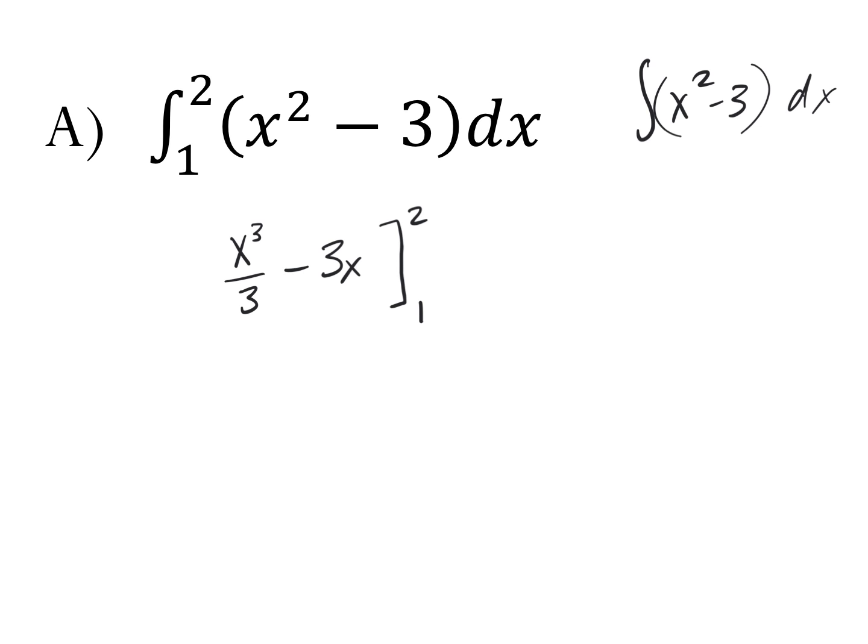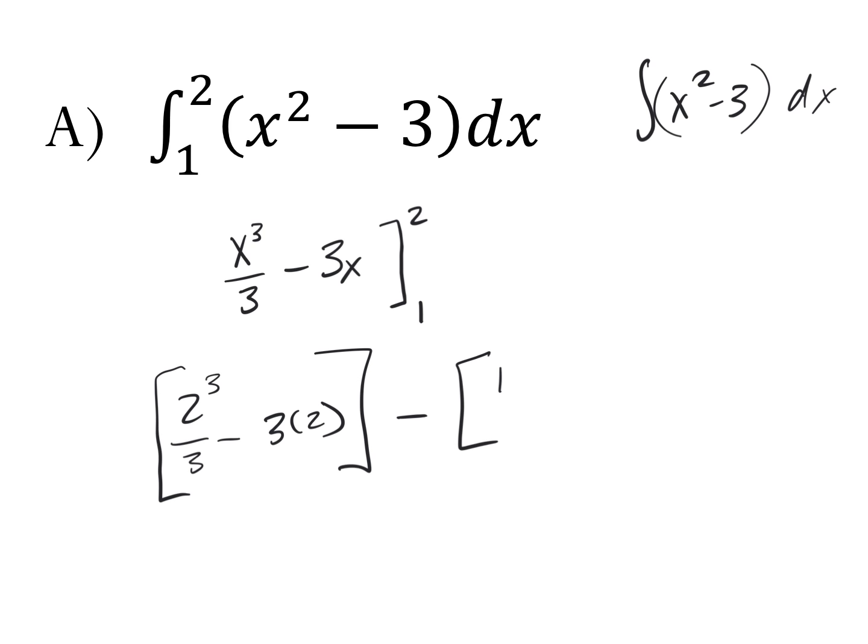So then I'm going to do 2 cubed over 3 minus 3 times 2, minus 1 cubed over 3 minus 3 times 1. So let's see, this is 8/3 minus 6 minus 1/3.